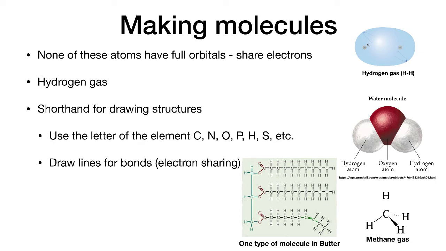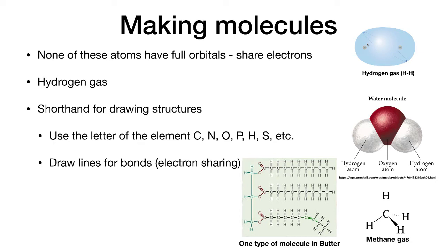This attraction is called hydrogen bonding. It's very important in biology, and we will come back to it in other lectures. And a molecule that shares electrons unequally is a polar molecule. Many molecules do not share well and are polar. The property of polarity is also important in many functions in biology.